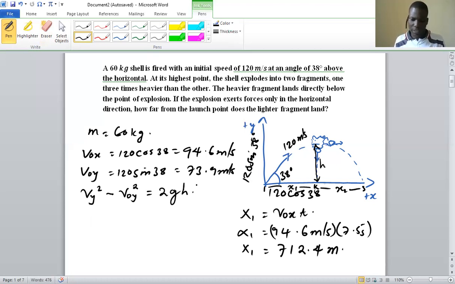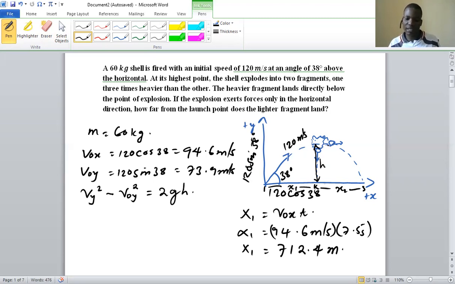Okay, so now what do we get? So what we have now is that initial velocity in the y for this lighter fragment is going to be 0, because after the explosion, this lighter fragment moves in the horizontal.